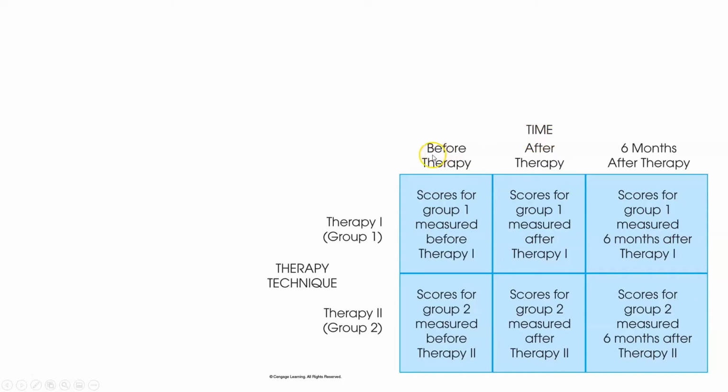And here we would say we've got before therapy, after therapy, and 6 months after therapy. And in each one of these cells, you would have some scores on some dependent variable that you're interested in. They would be scores for this group 1 that's measured before therapy, and scores for this group 2 that's measured before therapy. And group 1 measured after therapy, group 1 measured 6 months after therapy, and so on.